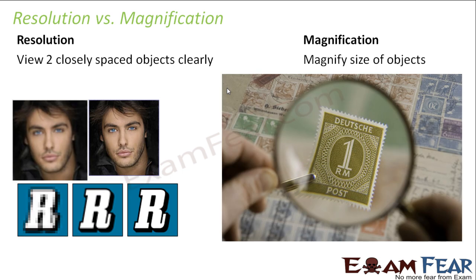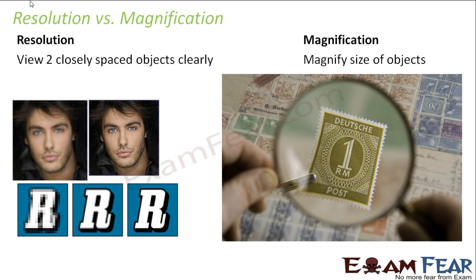So you can look at this example. Here you are using a magnifying glass just to magnify the object. Now if you use some other kind of magnifying glass which will enlarge it to a huge extent, the clarity might be lost. But in this case, we are talking about resolution, that is the clarity. If you see here, this person's picture is not very clearly visible in the first one, right?